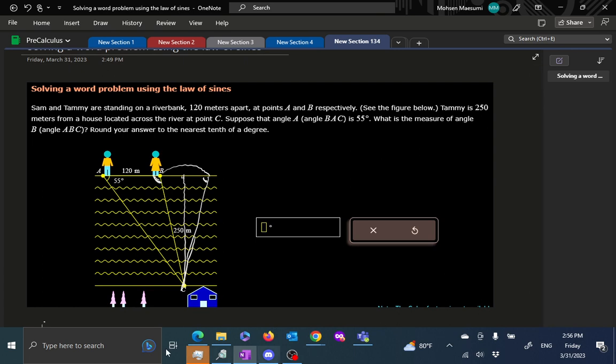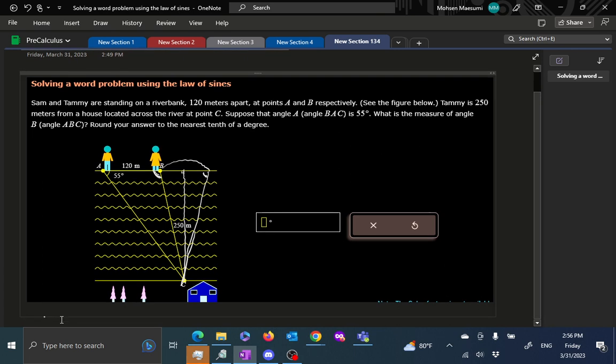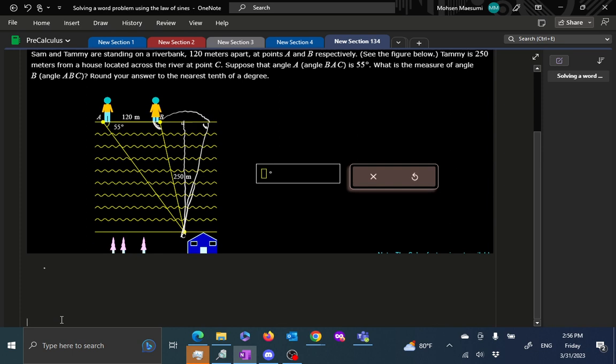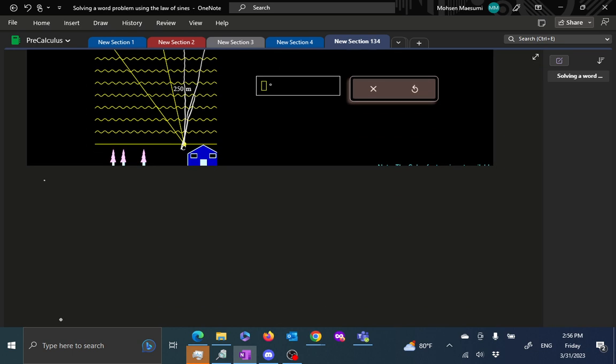So I'm going to redraw the picture, make it a bit simpler. So we have a situation like this is 120. This is an obtuse angle here. This is 55, and this is 250.